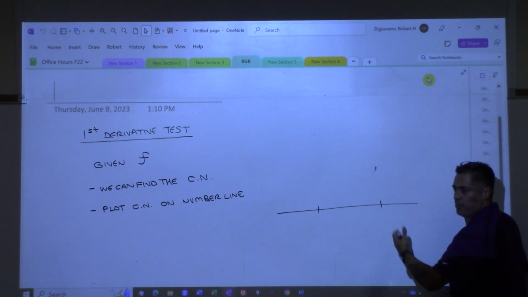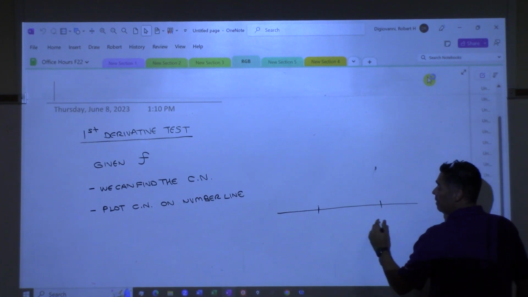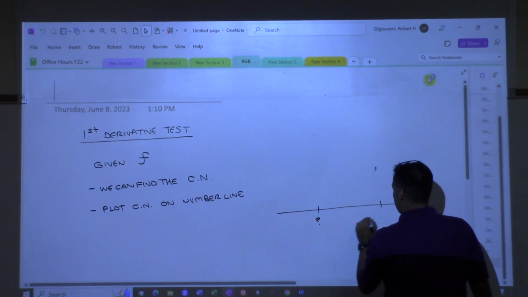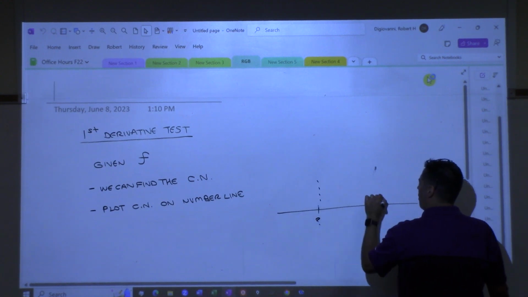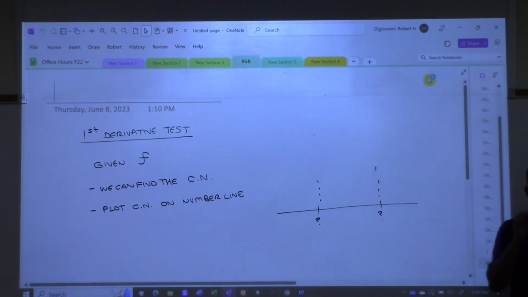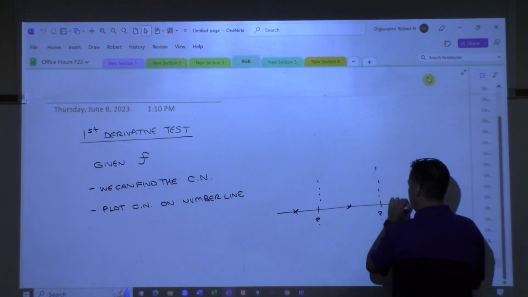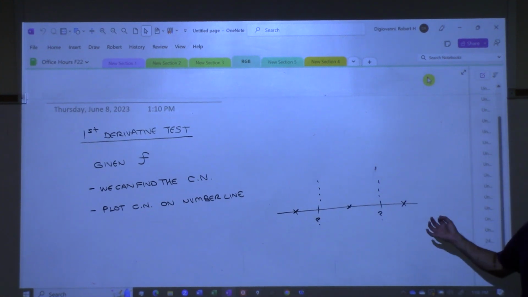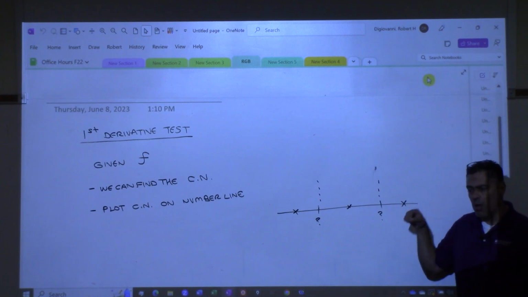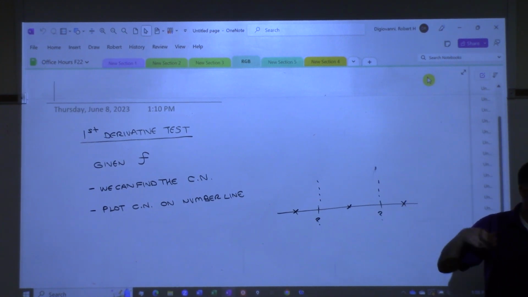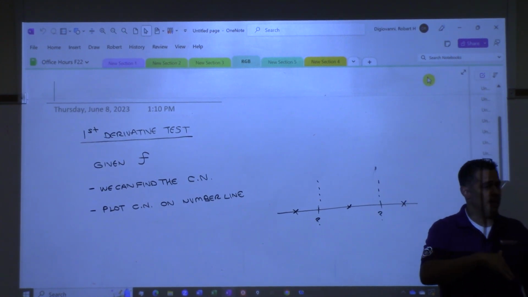We might have one, two, none, or five. That breaks up our number line into regions, and we pick test points in these regions and plug them into the derivative to figure out if the derivative is positive or negative.